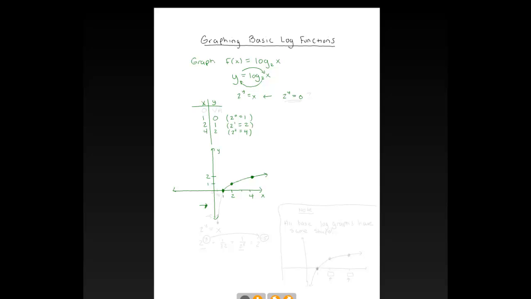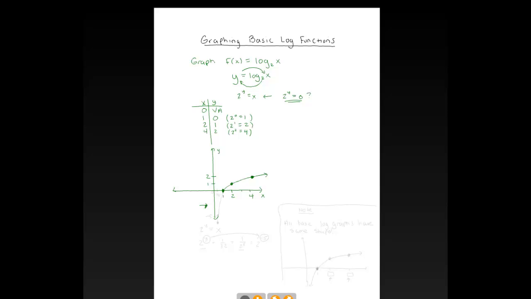Can you multiply 2 times itself any number of times to get an answer of 0? No, and even with negative exponents you'll never do it, because negative exponents turn into fractions. So this has no answer. In other words, the x value can never be 0. When x is 0, there is no y value that makes this true. That's why there's our vertical asymptote at x equals 0.